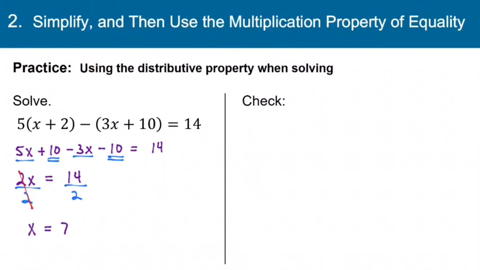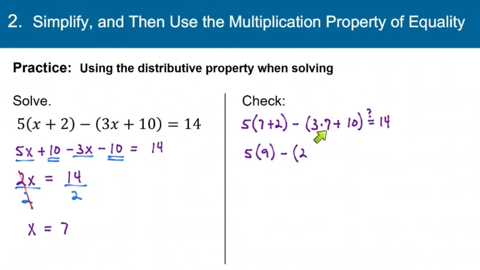Okay, now let's check our work. So we'll have 5 times (7 plus 2) minus (3 times 7 plus 10), and that's supposed to equal 14. So let's work the operations inside the parentheses first. So we know that 7 plus 2 is 9. And here we know that 3 times 7 is 21.